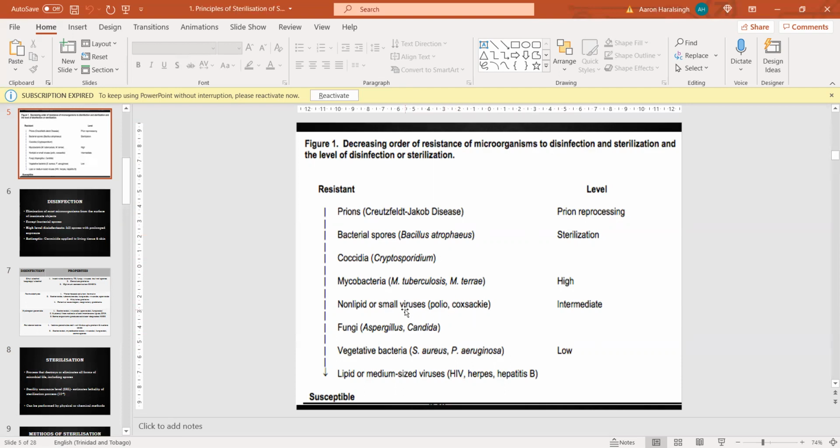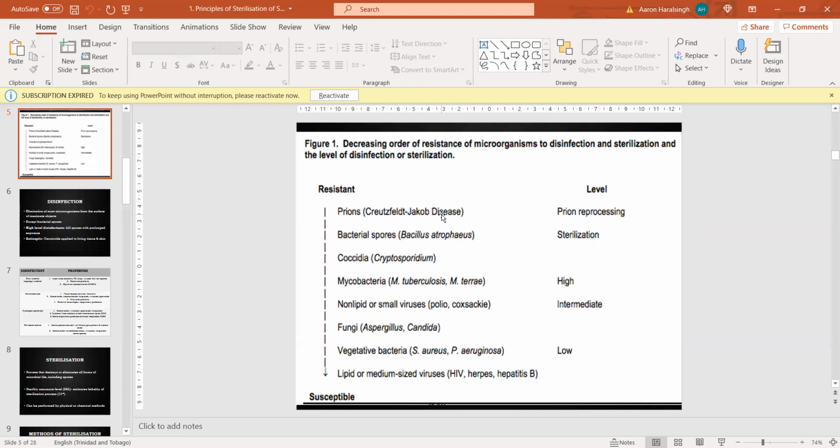But small viruses and mycobacteria have an intermediate to high level of resistance. Bacterial spores, on the other hand, are very highly resistant to disinfection. And to get rid of bacterial spores, we need sterilization.